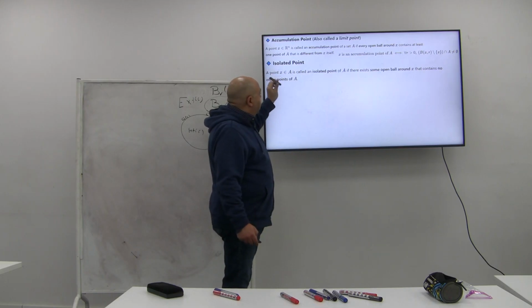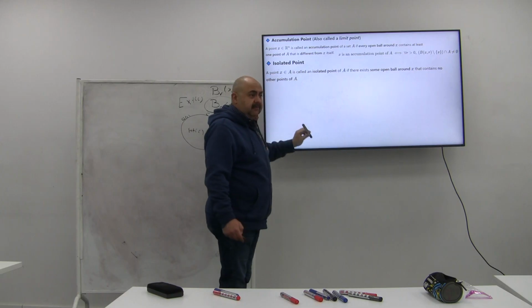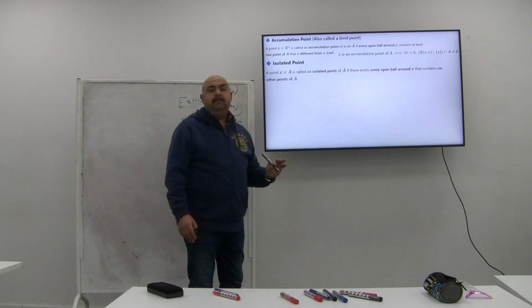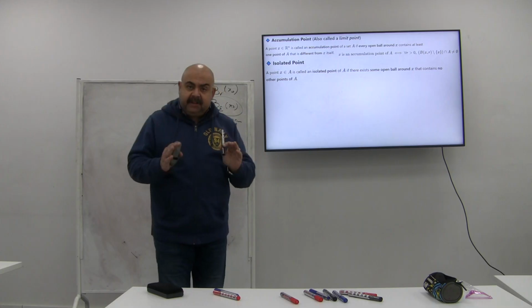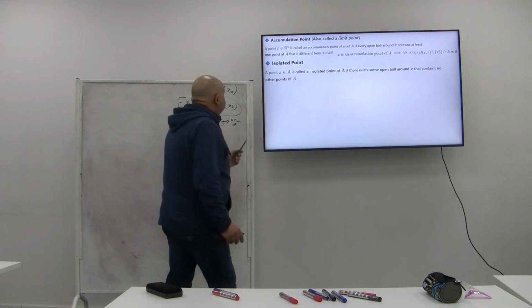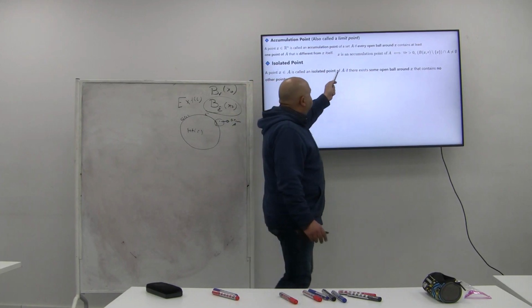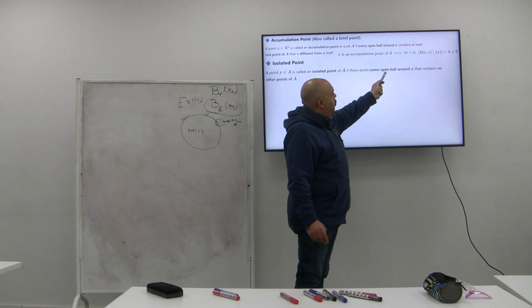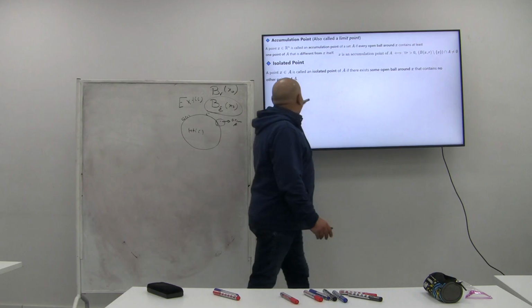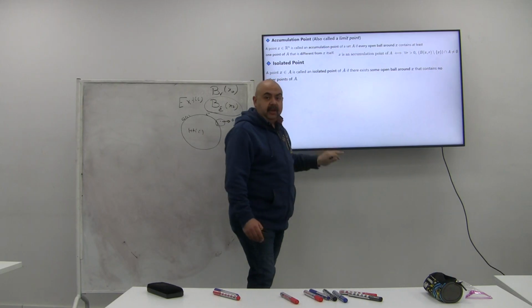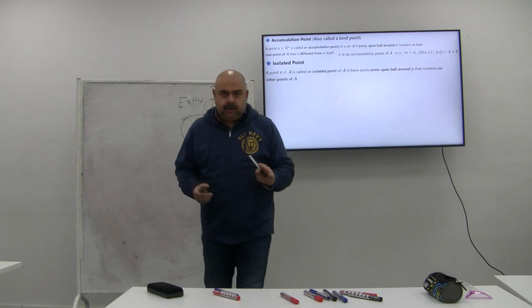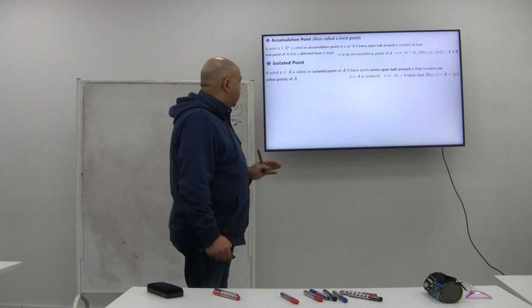Isolated points are specific points by themselves. So if you have an open ball around this point, it will contain no other points of your set. A point x belonging to A is called an isolated point of A if there exists some open ball around x that contains no other points of A. So if you have this condition, you will have isolated points.